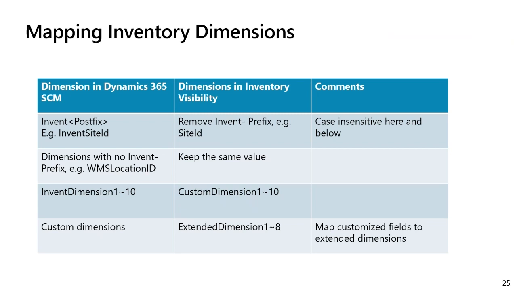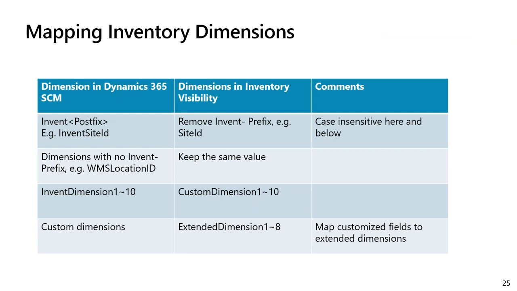And for the special dimensions InventDimension 1 to 10, in inventory visibility, they are called custom dimension 1 to 10 correspondingly. And they are customized fields. There may be customized fields in your InventDim table. Simply map them to extended dimension 1 to 8 in inventory visibility service.